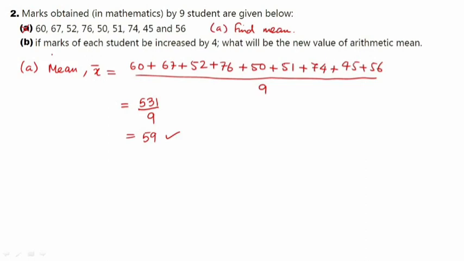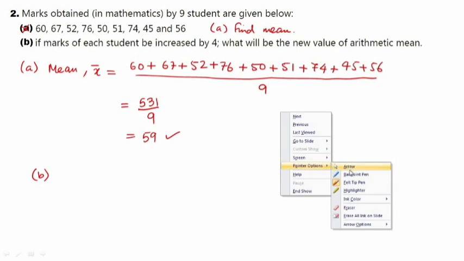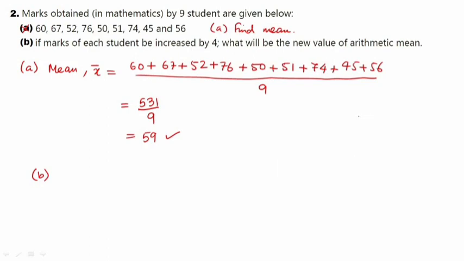Now the question is saying, if the marks of each student are increased by 4, then what will be the new value of the arithmetic mean? So that is number B. Before we do this, I want to explain a small thing, which you had learned in class 9.